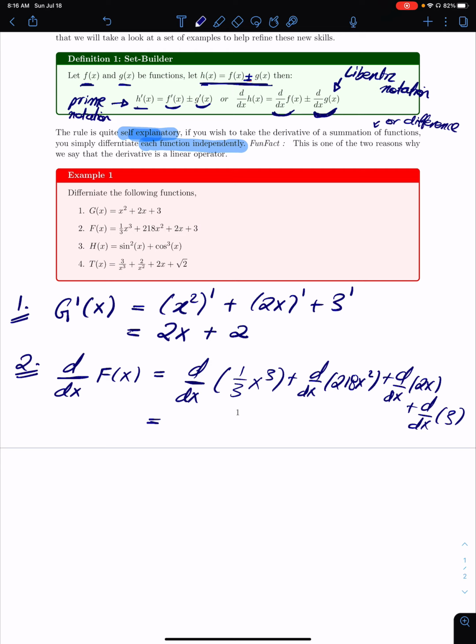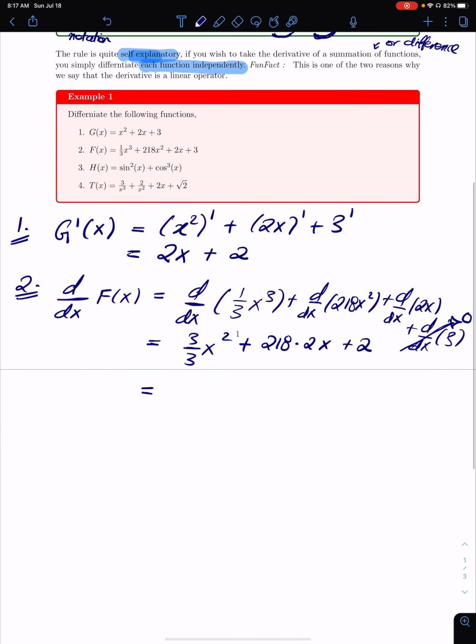That's just simply going to be 3 over 3 x squared plus 218 times 2x plus 2. Again, remember this goes to 0. Derivative of a constant is 0. And this simplifies to x squared plus here we have 436x plus 2.